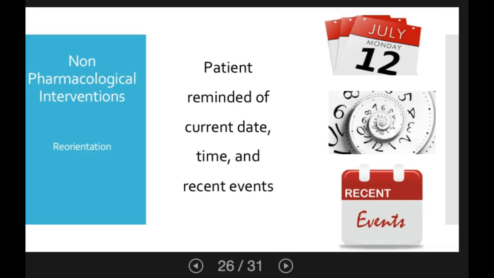Again, reorientation is key. Delirious patients are often disoriented to time, place, and person. Reorienting the patient to the current date, time, and recent events can help decrease the patient's impairment with recent and remote memory loss.